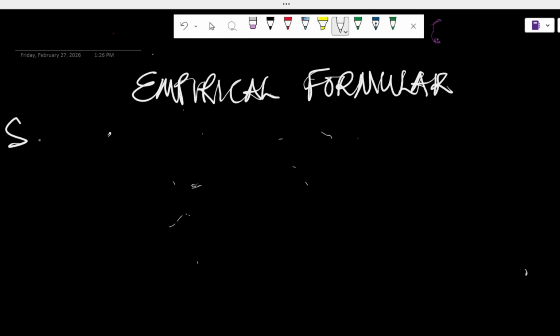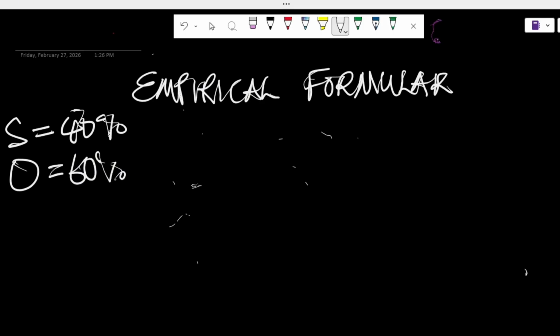We have sulfur, which is 40%, and then we have oxygen, which is 60%, which means that the total percentage is actually 100. So, for sulfur, this 40% is going to be treated as the mass. Remember that moles is equal to mass over Mr, or the relative molecular mass.